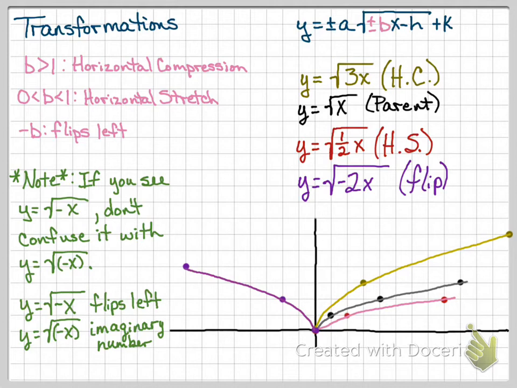And that is going to be a negative 1b, and that will flip it to the left. If the negative x is in parentheses, then it puts the number and the negative together, and that gives us a negative number under the radical, which ends up giving us an imaginary number.